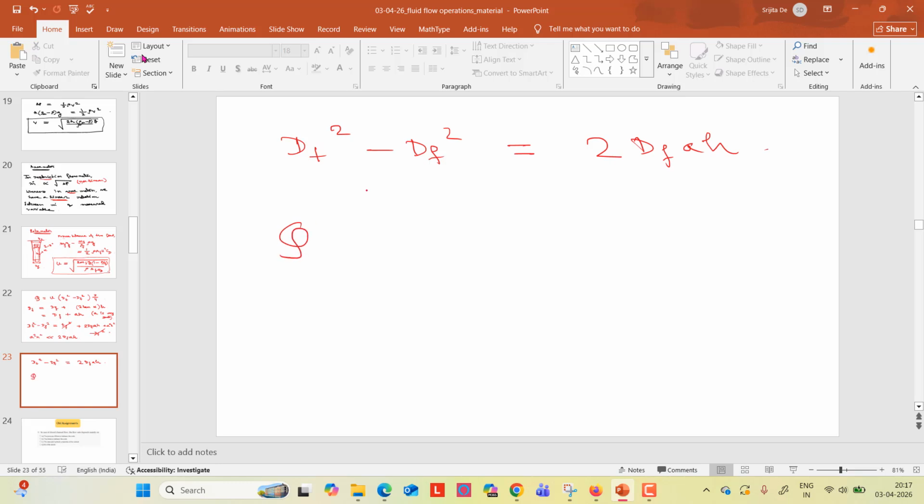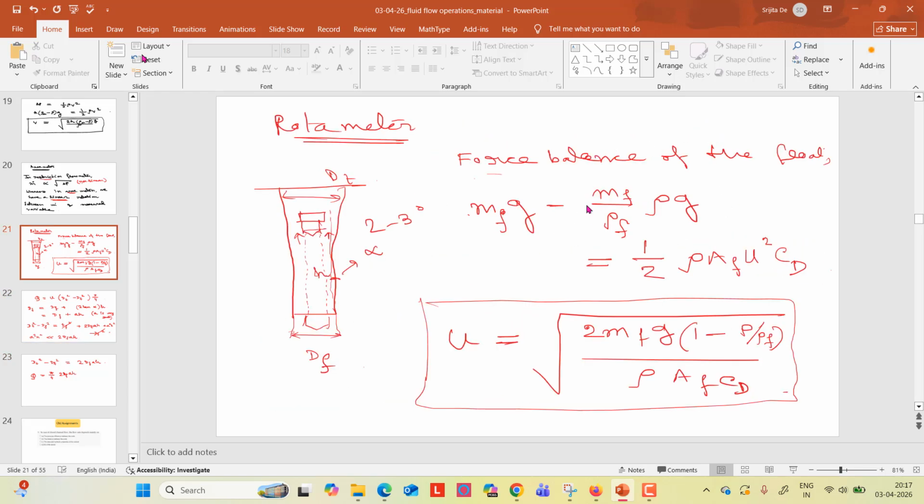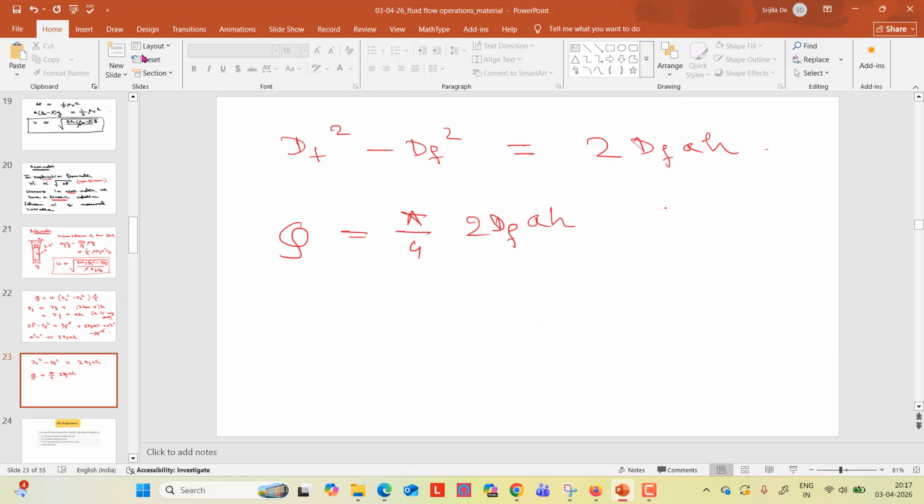So now if I put this, pi by 4, dt square minus df square is 2df, and there is u. Just now we have calculated the velocity, right? So u will be root under 2 mf g into 1 minus rho by rho f divided by rho af cd, right?